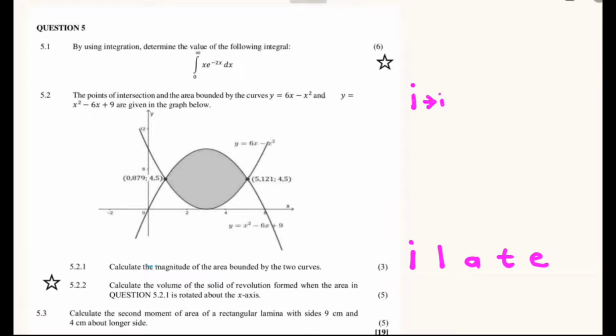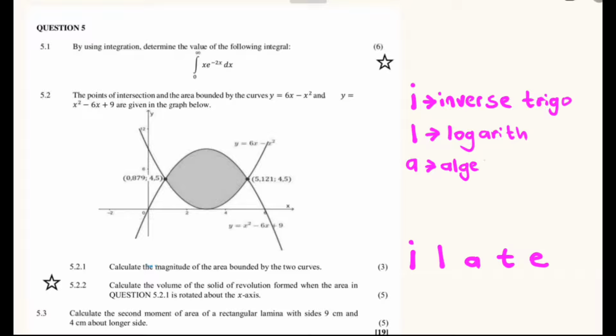stands for the inverse trigonometric function, and the L stands for the logarithmic function, and the A stands for algebraic function, and the T stands for trigonometric function, and the E stands for exponential function.